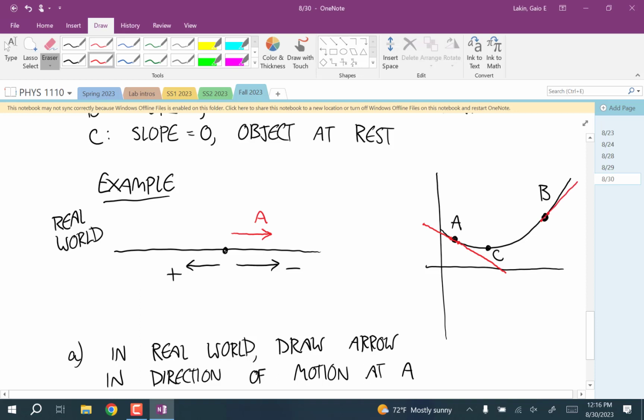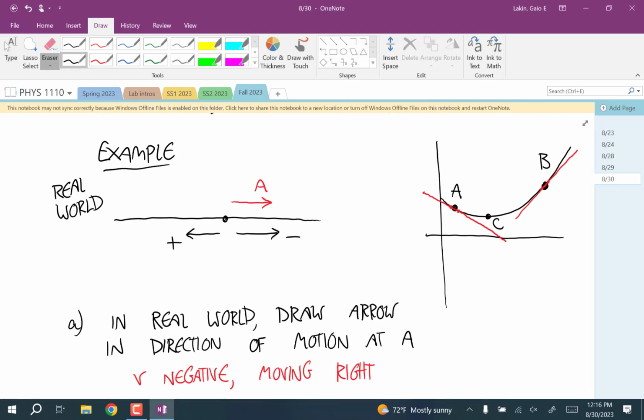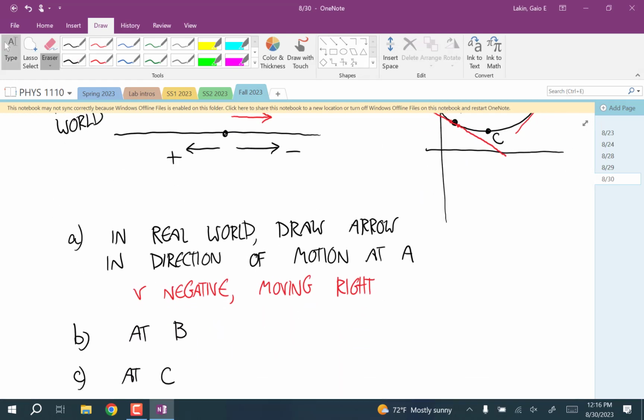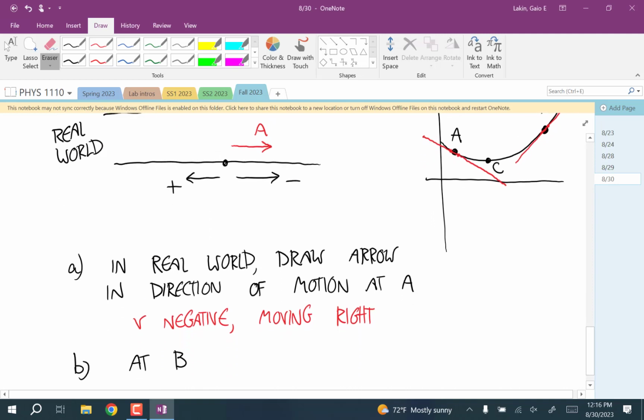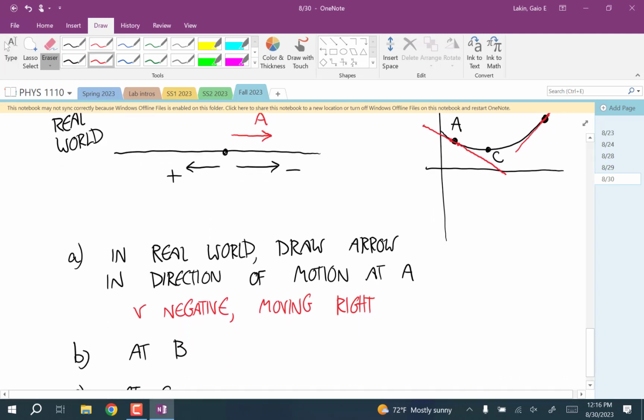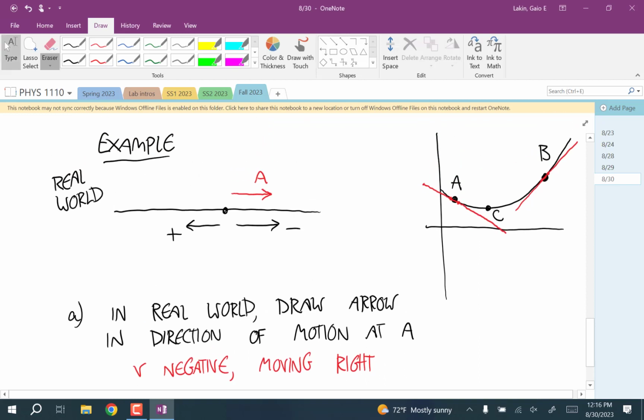Draw the line through them, and the tangent is that way. So is the velocity positive or negative? Right? So V is positive at B. And so in the real world, is the object moving to the left or the right? Left, correct.